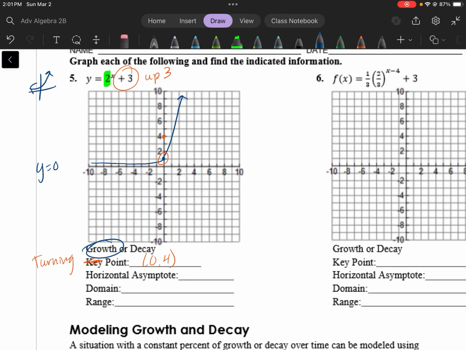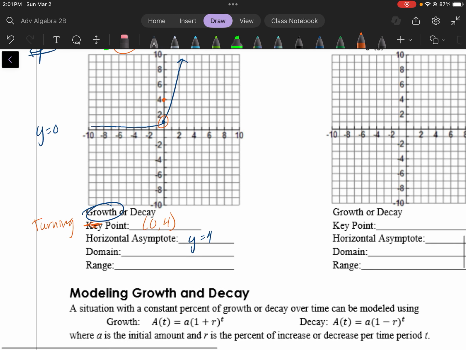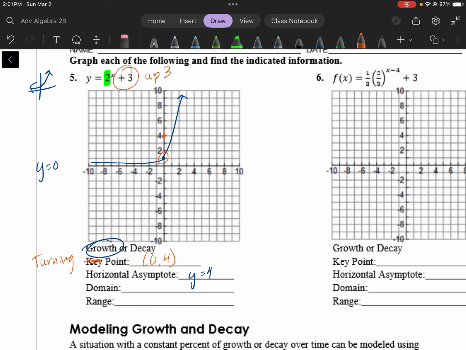But when I push the entire graph up 4, it's not just pushing the turning point, it's pushing literally all of it. And so the horizontal asymptote also is going to get pushed up 4 and is now going to be at y equals 4. So if I was going to put, or I'm saying the wrong number, I'm sorry, we're pushing it up 3. I misspoke, we're pushing it up 3.